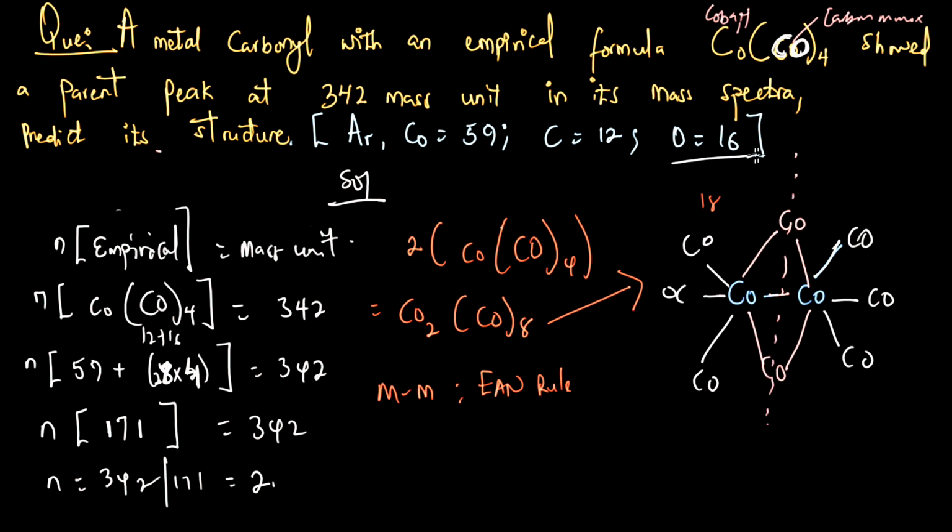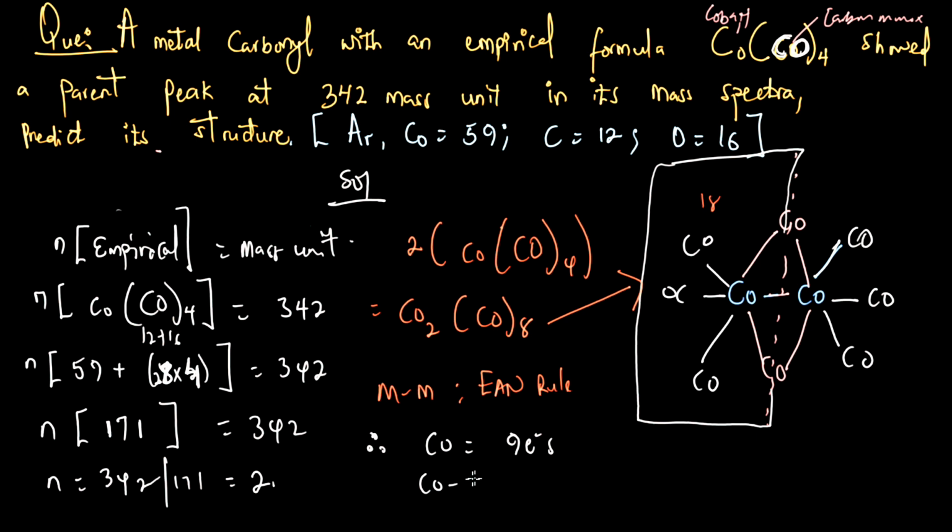So for this side, the electron on the central atom is 9. So Co equals 9 electrons. The next thing we need to do, the CO bond, since it's divided, we have 1 electron, right?